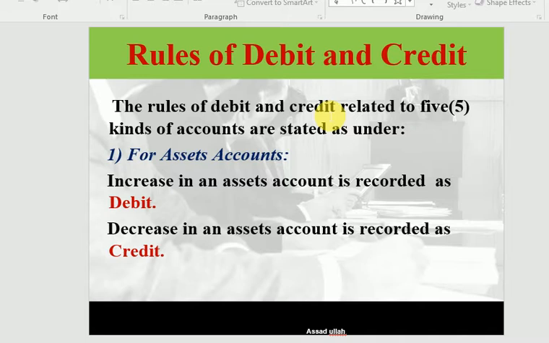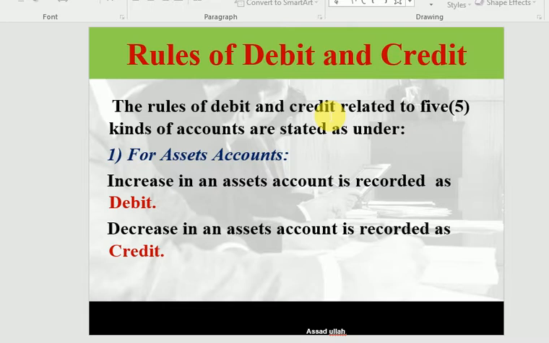Similarly for liability, equity, revenue, and expenses, we have rules, and those are called the rules of debit and credit. First, for the assets account: when a financial transaction takes place and assets increase, how do we record it, and when assets decrease, how do we record it?